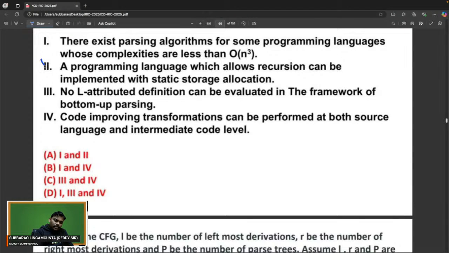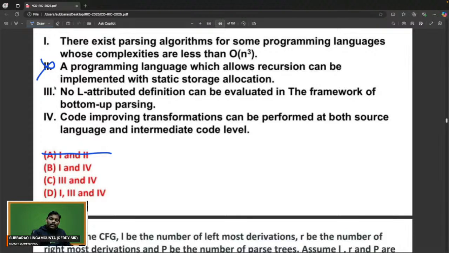Recursion and static have no relation, so wherever 2 is there, cancel. Next one: no L-attributed definition can be evaluated in the framework of bottom-up parsing. Everyone knows, L-attributed has both synthesized and inherited attributes. If it has synthesized, you have to go bottom-up parsing.